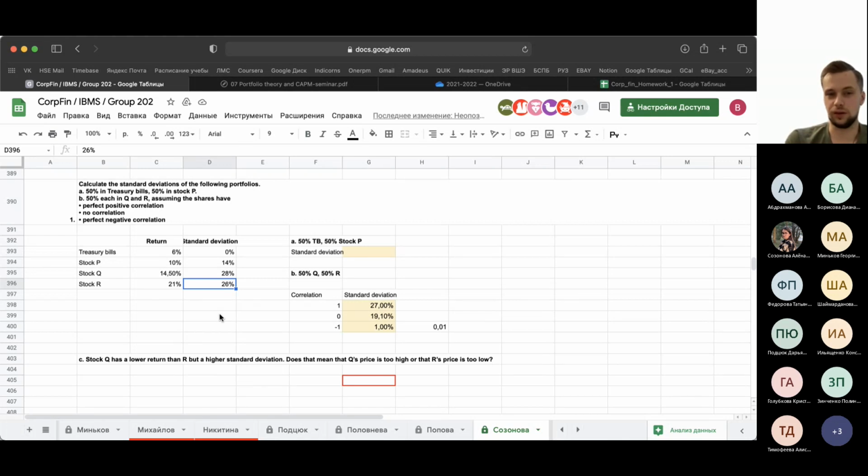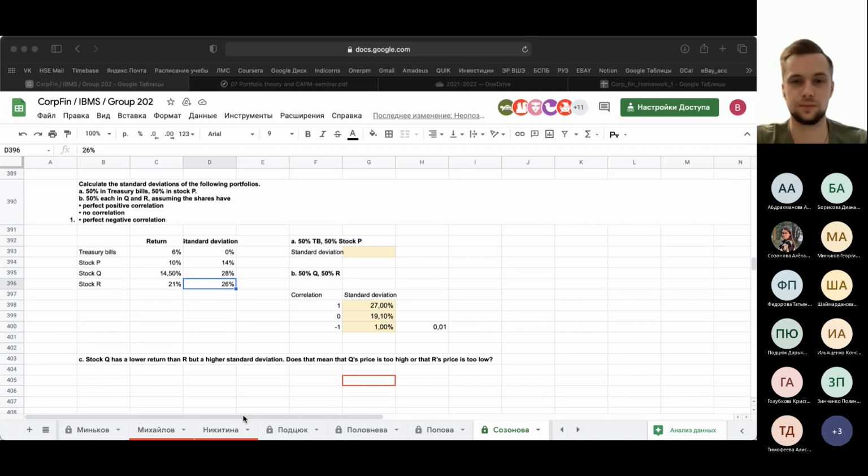So can we judge in this case? Maybe we can say that the stock Q is overvalued. Maybe. In what case can we say that?